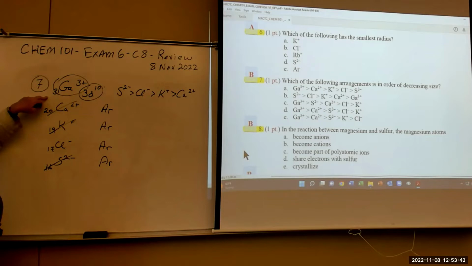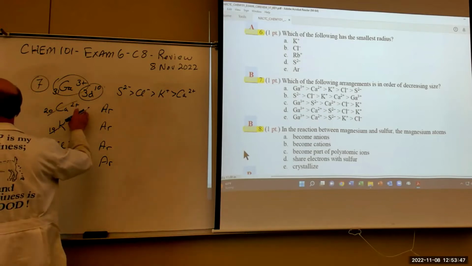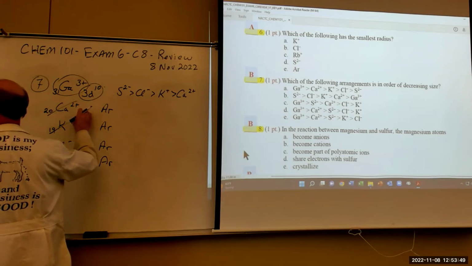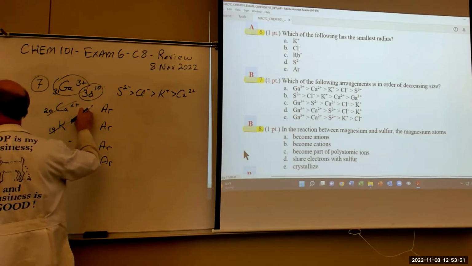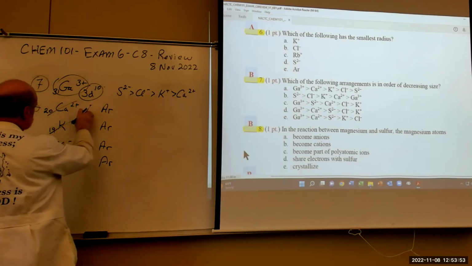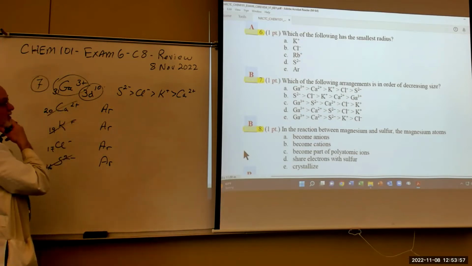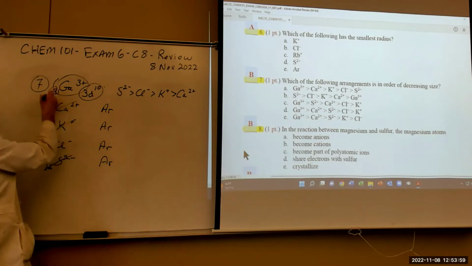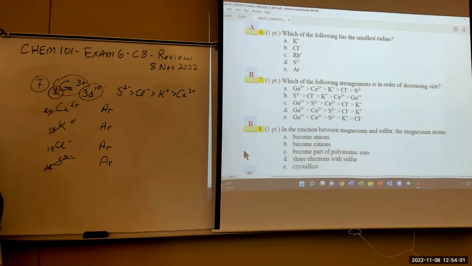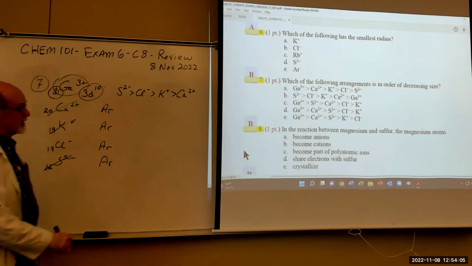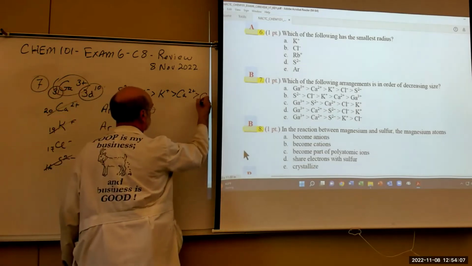Okay, it's in the same principal quantum level. 3Ds do penetrate some. I don't have a good explanation for that other than this right here. Because it's got 11 more protons than the rest of them. That must be the reason that gallium is the smallest.